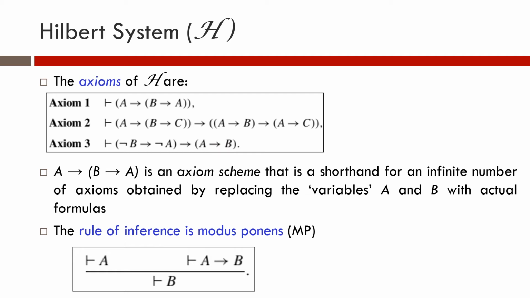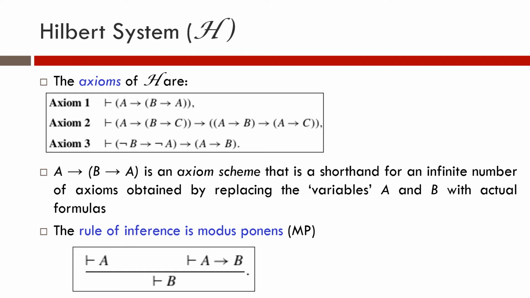And see here, if we take the first axiom, A implies (B implies A) is an axiom scheme. That is, it is a shorthand for an infinite number of axioms, which is obtained by replacing the variables A and B with actual formulas.